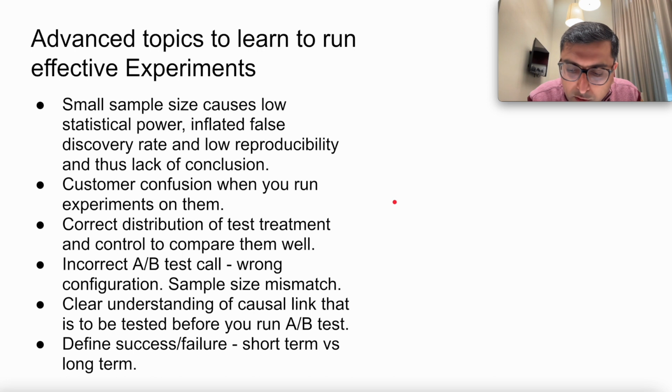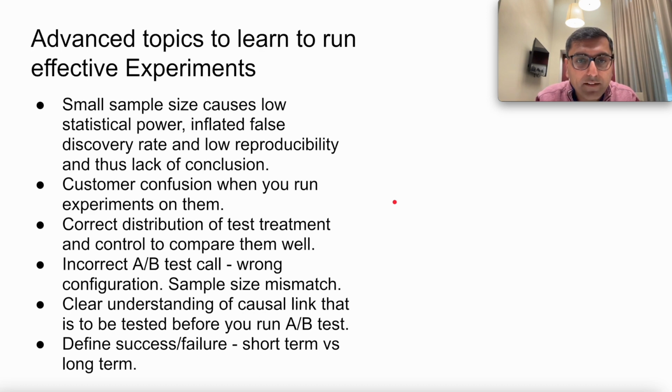Like, let's say a customer is using your product. Sometimes they see the red box, sometimes they see the blue box, and then they're like, what's going on? This website is so jarring because you're running so many experiments and things are just moving around. They can get disoriented. And so you want to run tests. You want to make data-driven decisions, but also make sure that your product is not impacted.